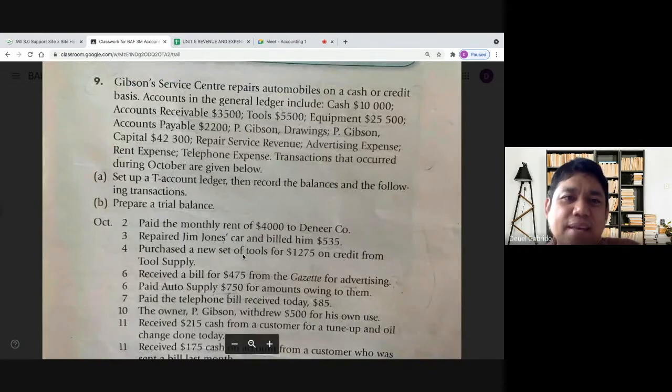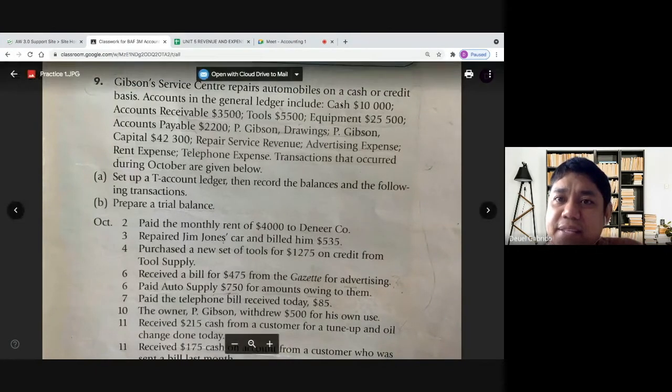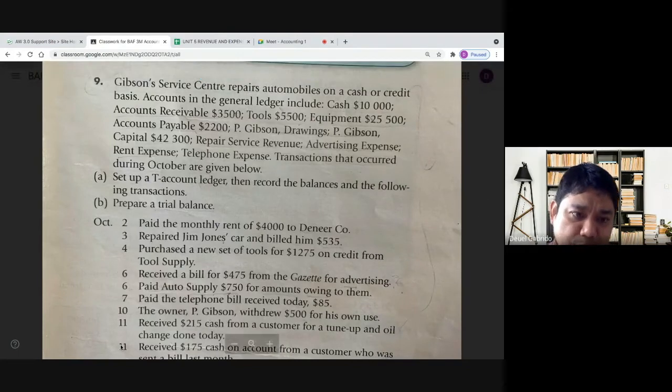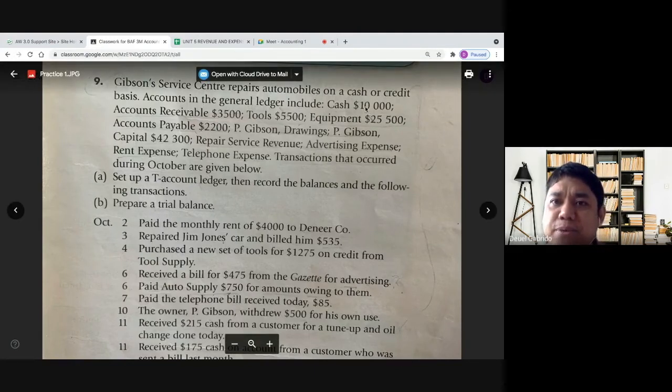Okay, and guys, don't forget that there is a beginning balance. Look at this one, cash 10,000. So if I were you, before I record the transactions, October 2 to October 11, here below, do you see this one, right? Make sure that you first put the beginning balances in the proper place.